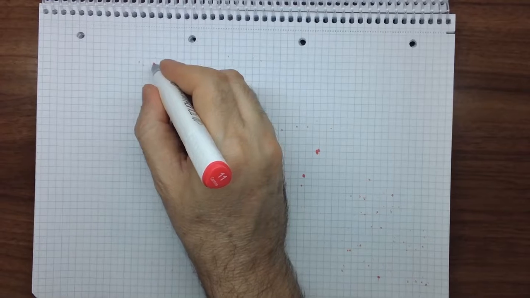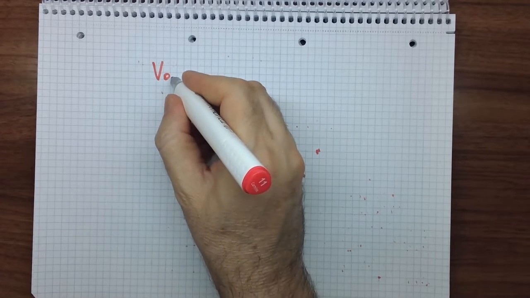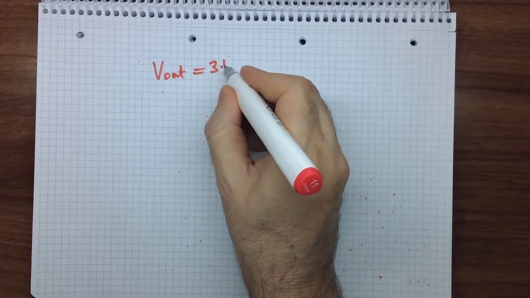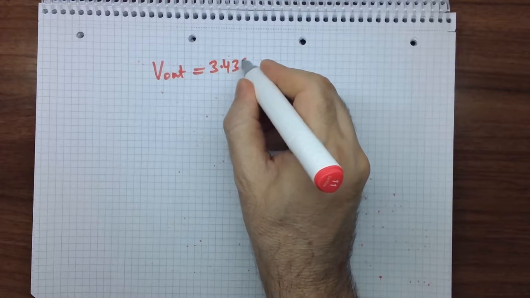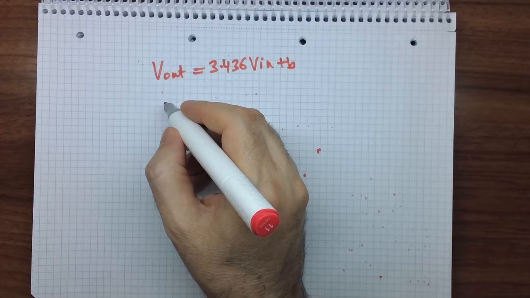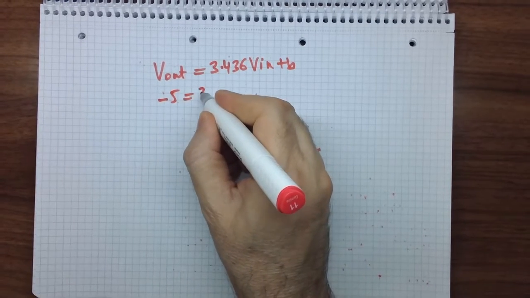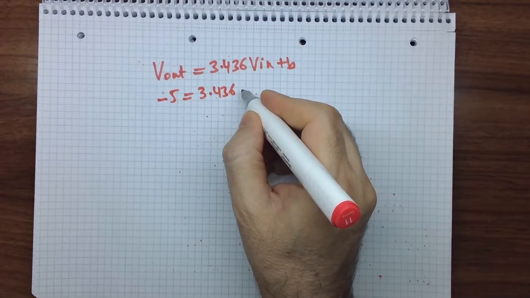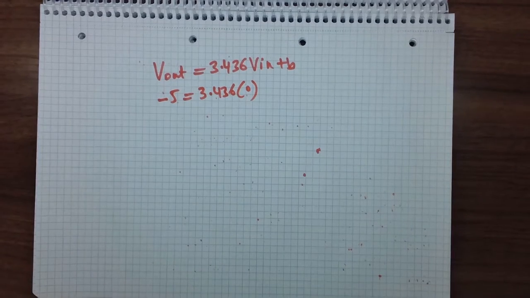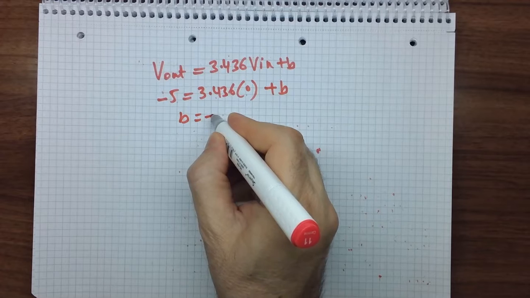V out is equal to the gain, which is 3.436, times Vn plus B. When V out is equal to minus 5, Vn in this case is equal to 0, so 3.436 times 0 plus B. In this case, B is equal to minus 5.